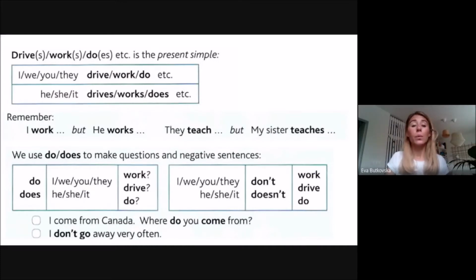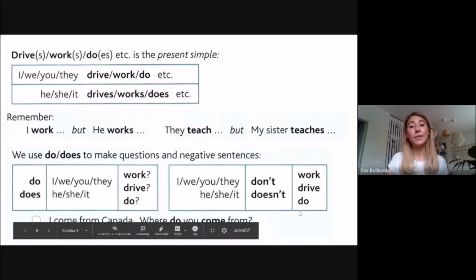Be careful when we want to use the pronoun he, she, or it, we need to use the word does. So creating a question would look like, does he work every day? Or does she drive to work every day? Does it work, for example? So remember, third person in singular, that is he, she, or it. We need to add the s, or in a question, does.